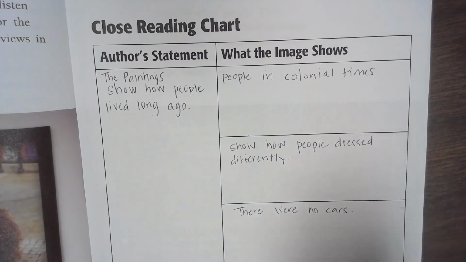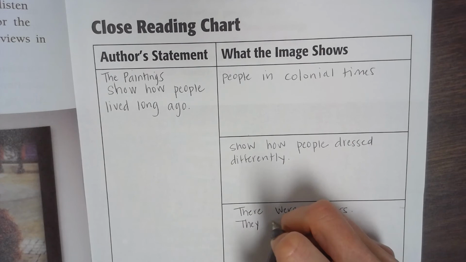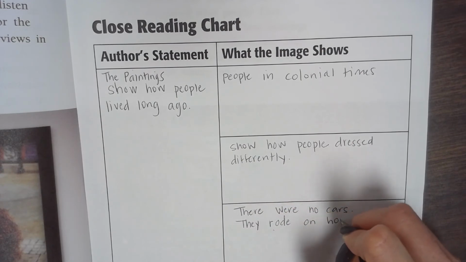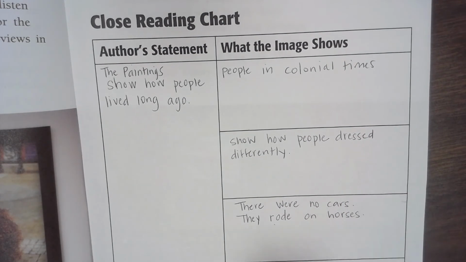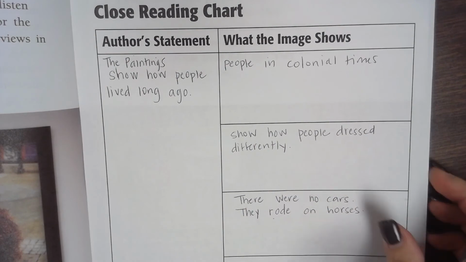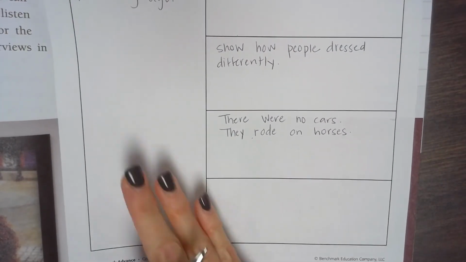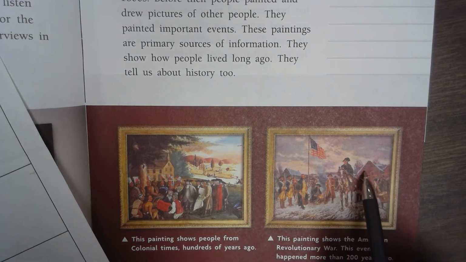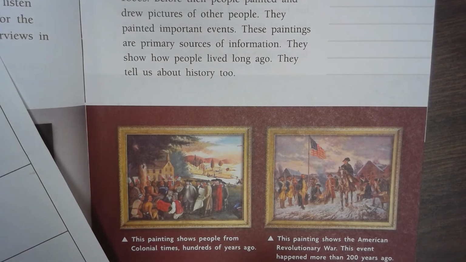We noticed people on horseback. We noticed that the military uniforms were different. We noticed the houses and how they look a little different. Doesn't look like big cities. These houses are made out of, looks like log cabin kind of houses.